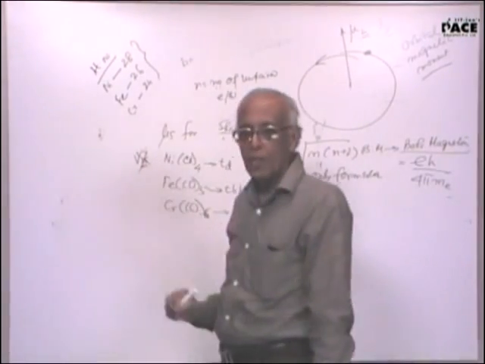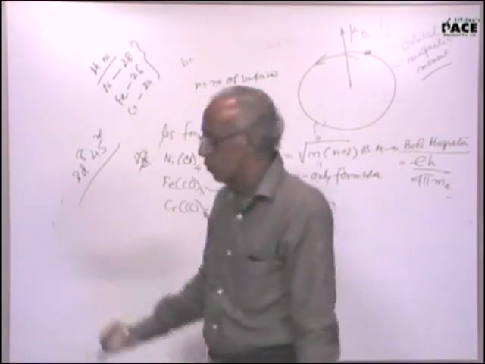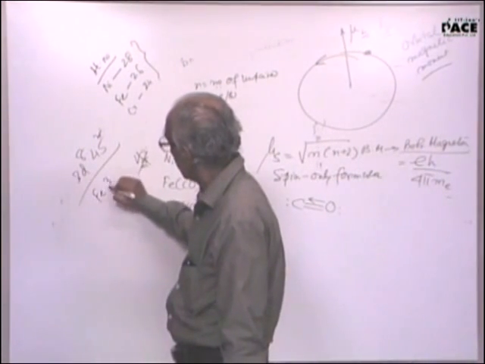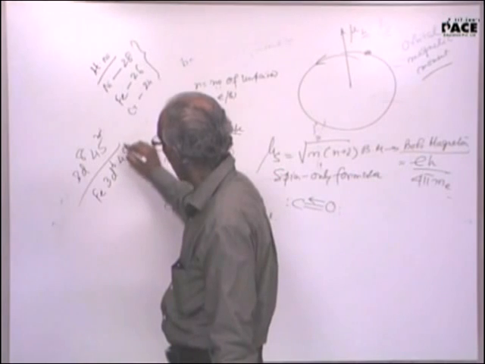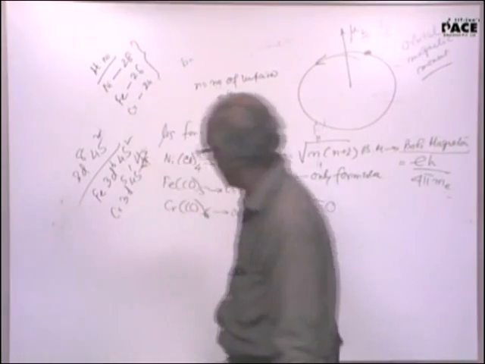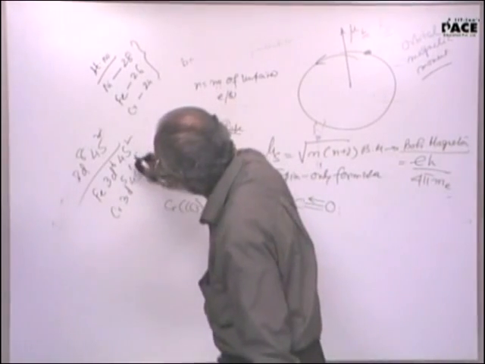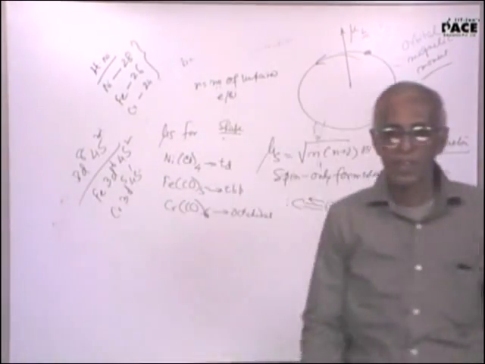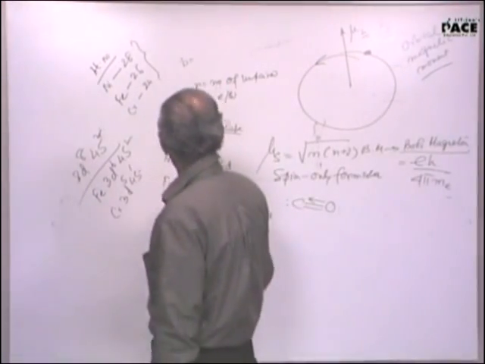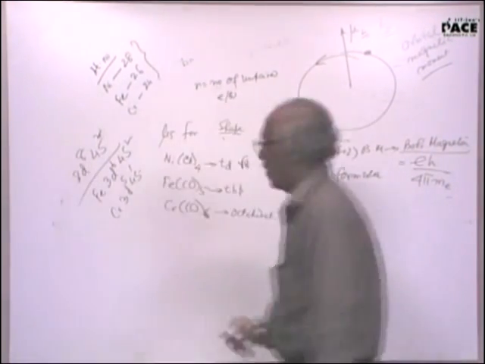What is the nickel electronic configuration? 3d8 4s2. Iron is 3d6 4s2. Chromium is 3d5 4s1. So then tell me, how do you get root 50 for nickel? No, sir, mistake. 2 root 2. So you said root 8; 2 root 2 is root 8.